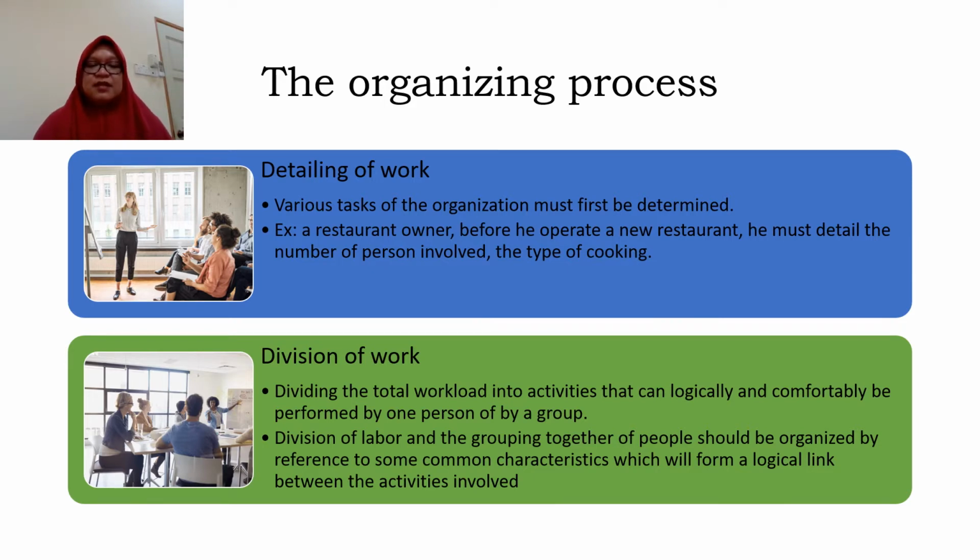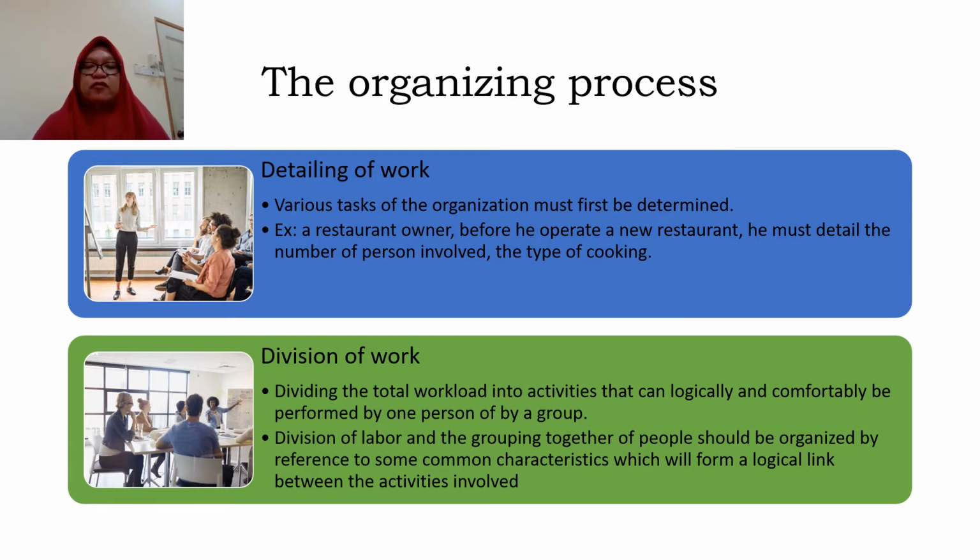The second step is division of work. Dividing the total workload into activities that can logically and comfortably be performed by one person or by a group. Division of labor and the grouping together of people should be organized by reference to some common characteristic.